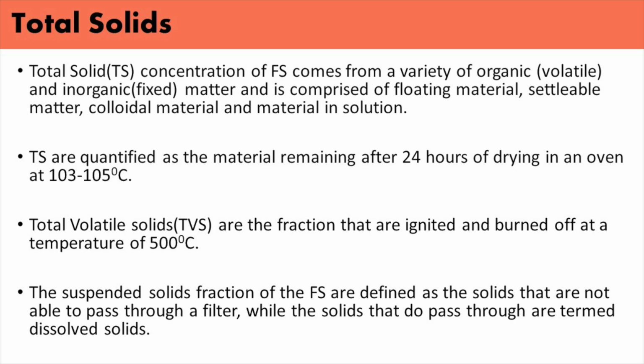It is comprised of total solids, fraction of volatile or fixed solids, and suspended or dissolved solids at a specific temperature in the range of 103 to 105 degrees Celsius. The total solids are quantified as the residue remaining after a waste sample is dried for 24 hours in an oven at 103 to 105 degrees Celsius.